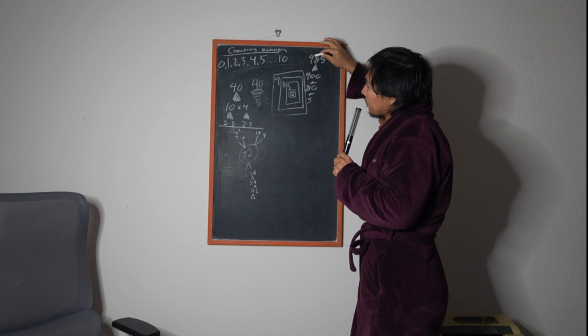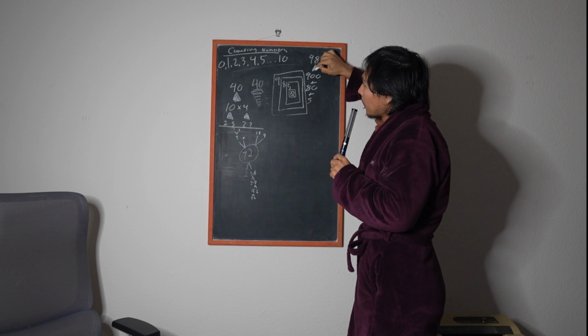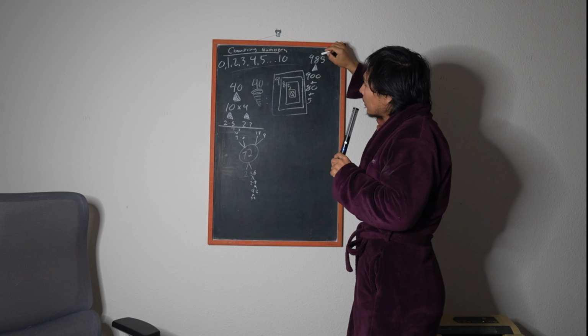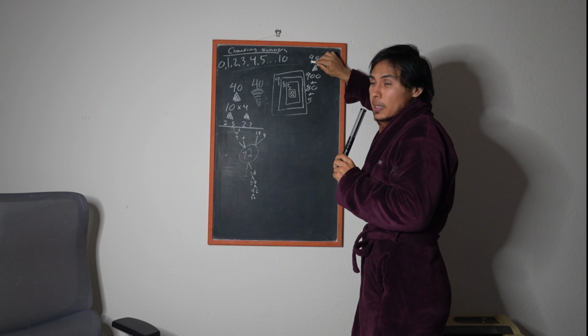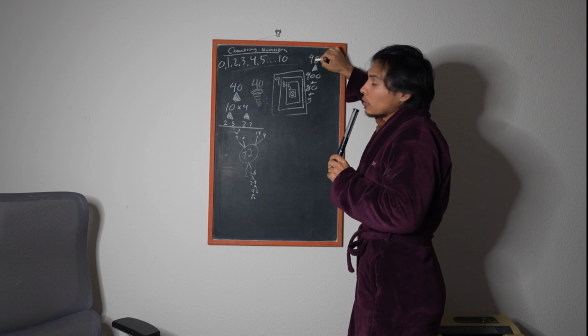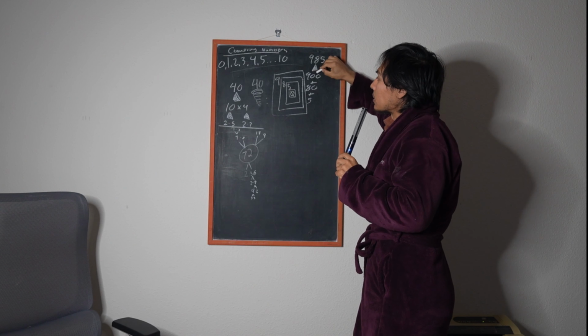If we were to break this down, it's called our hundreds place because we have 9 hundreds, which is 900.